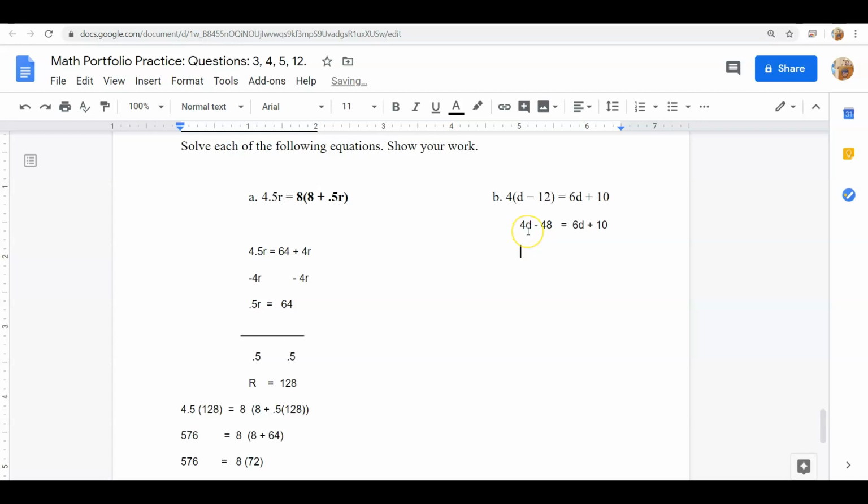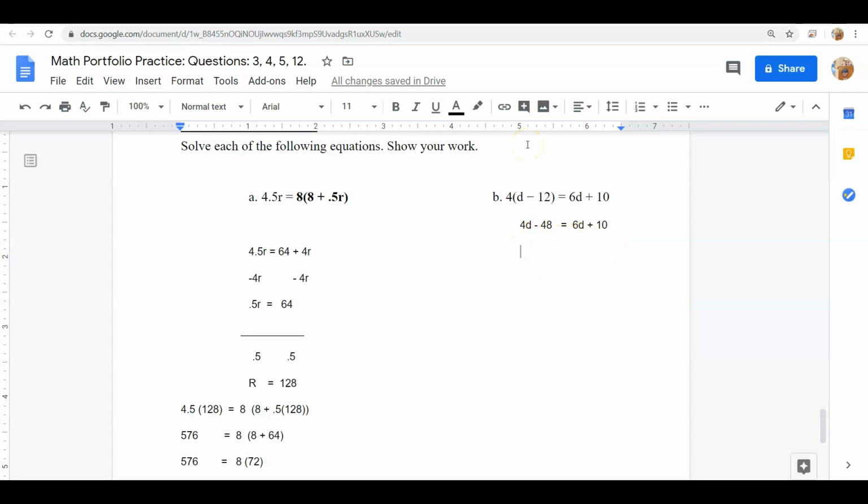So now we solve this. And the same steps as before. We have a variable of d on both sides of the equal sign, to the left and to the right. So we need to eliminate the smaller value. So out of 4d and 6d, 4d is smaller.